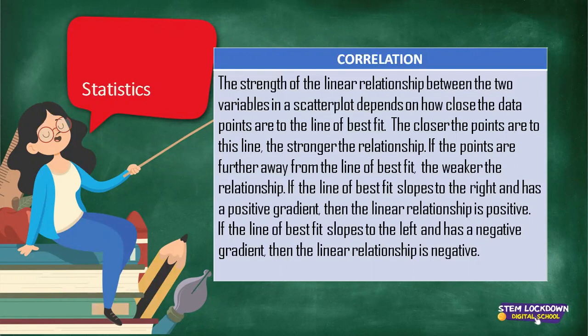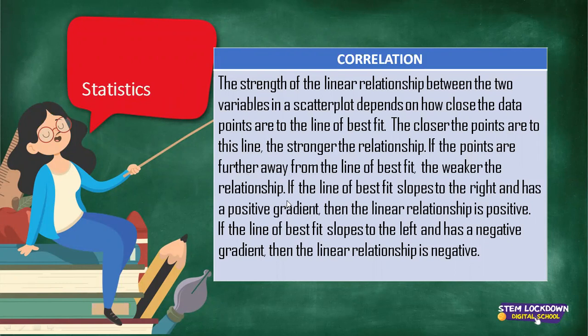So the more linear and compact they are, the stronger their relationship, and the more scattered they are, the weaker their relationship. If the points are further away from the line of best fit, the weaker the relationship.